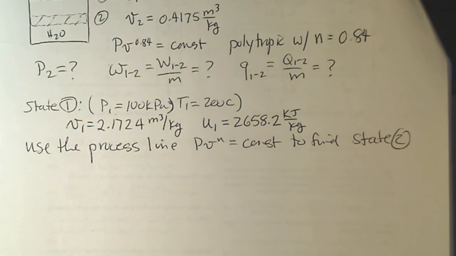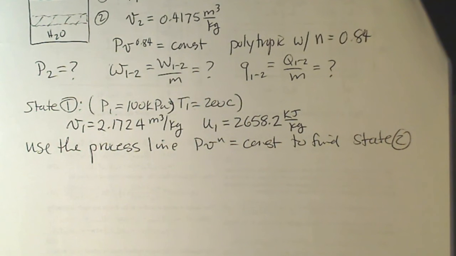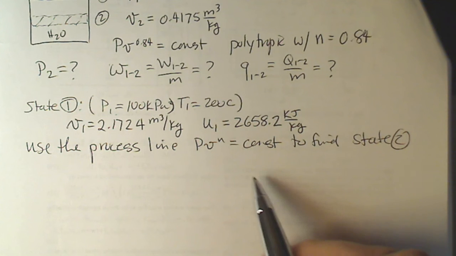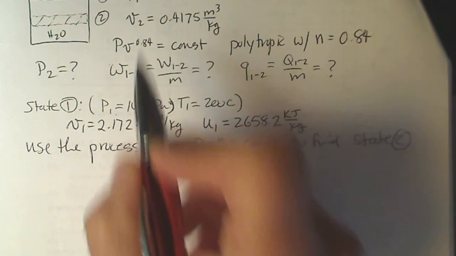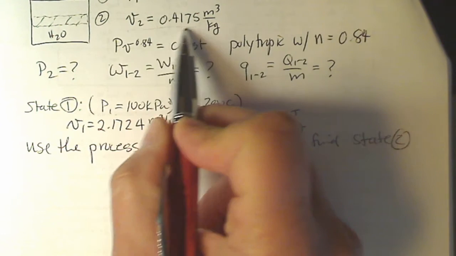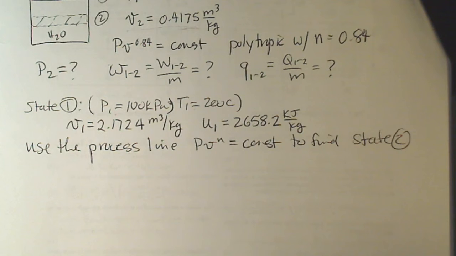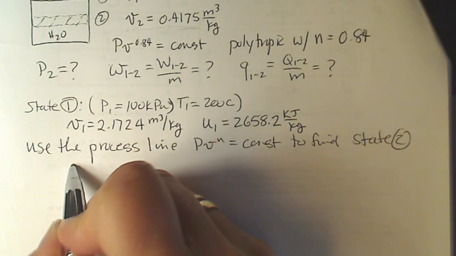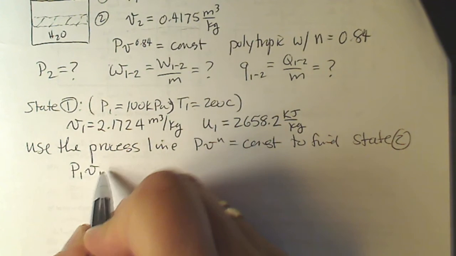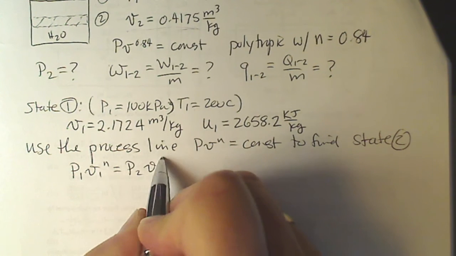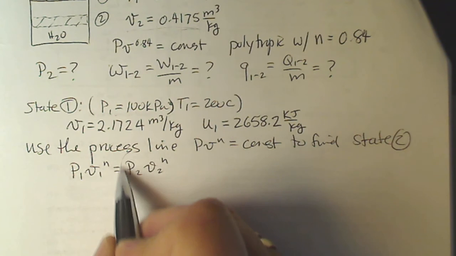We're going to connect state 1 and state 2 using this process line. It's sort of like thinking about it this way: if you know the coordinates that you're starting from and you know which direction you're going to proceed, you now just need to know how far along that direction you need to go to stop and find that state. So the relationship we're going to use is P1 V1 to the n equals P2 V2 to the n, and we're trying to find P2.